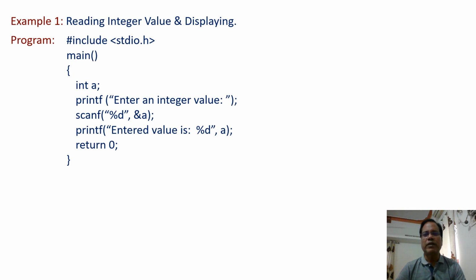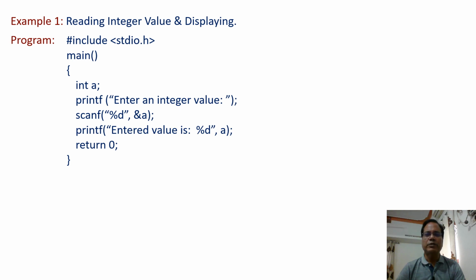When this scanf function is executed, the compiler waits for data. Unless and until that data is entered, execution doesn't move forward. So we have to enter data. What type of data? That is clear from this message: enter an integer value. So we have to enter an integer value and then press the enter key.